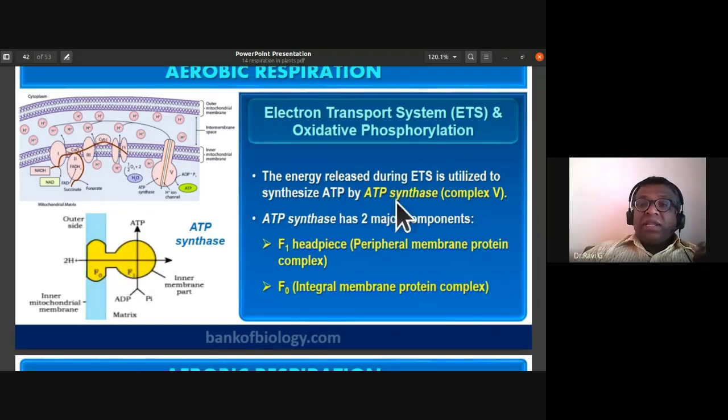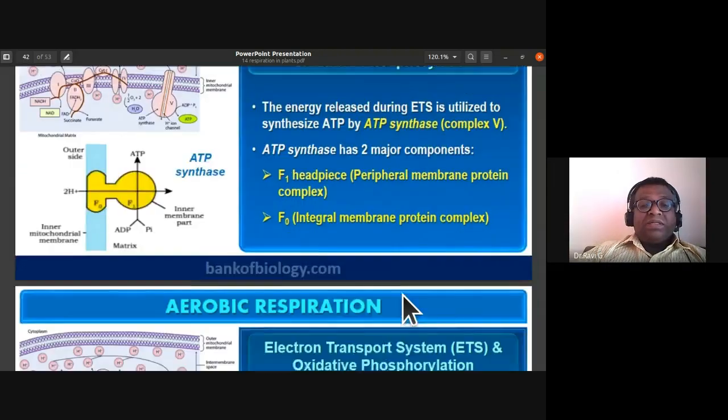So the energy released by the electron transport system is utilized to synthesize ATP by ATP synthase, which is complex 5. ATP synthase has 2 components: F0, the integral membrane protein complex, and F1, the headpiece, which is the peripheral membrane protein complex.